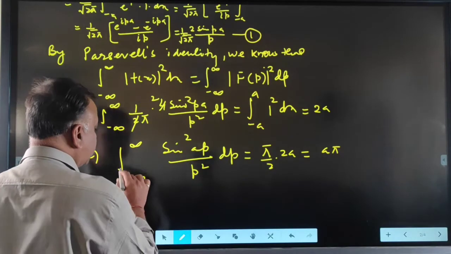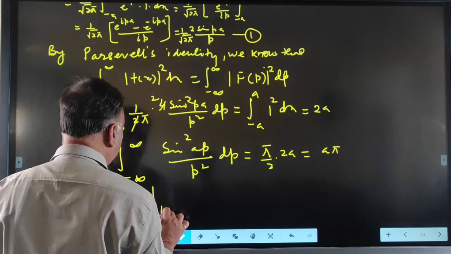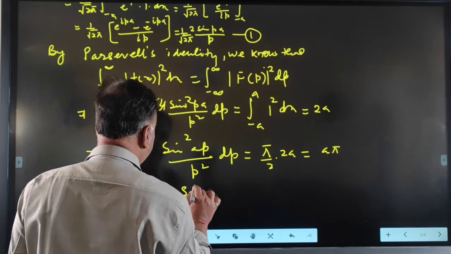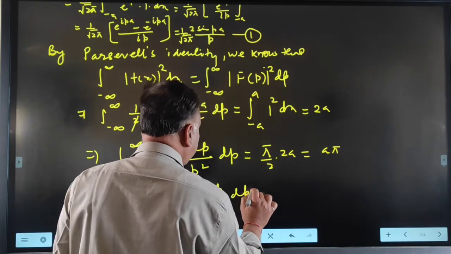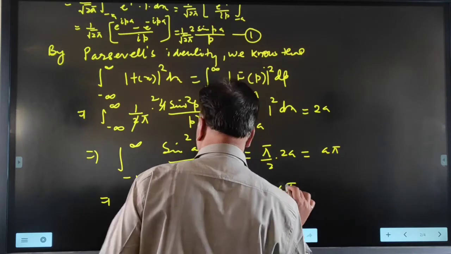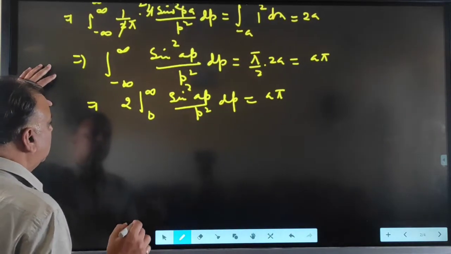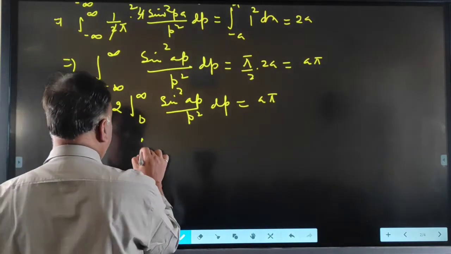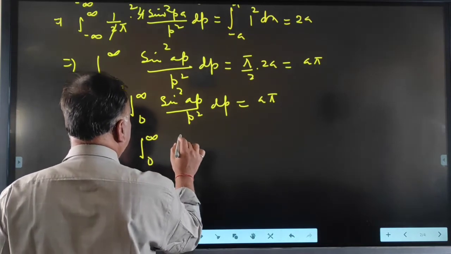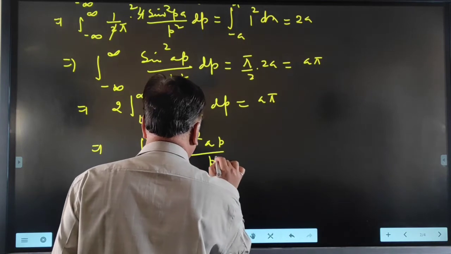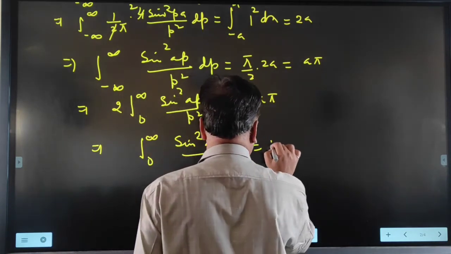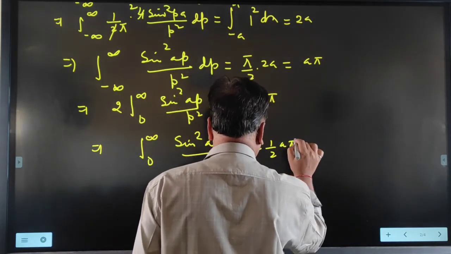So twice the integral from 0 to infinity of sine square ap upon p square dp is equal to a pi. Or we can write the integral from 0 to infinity of sine square ap upon p square dp is equal to pi by 2a.